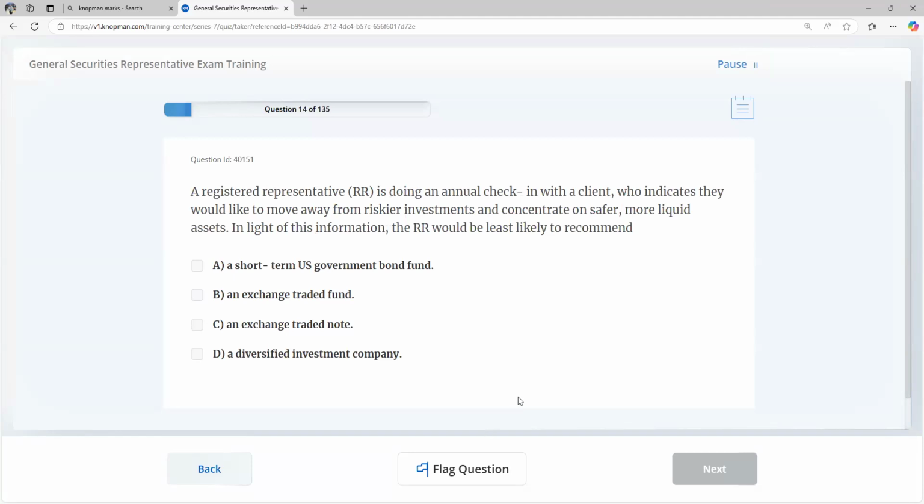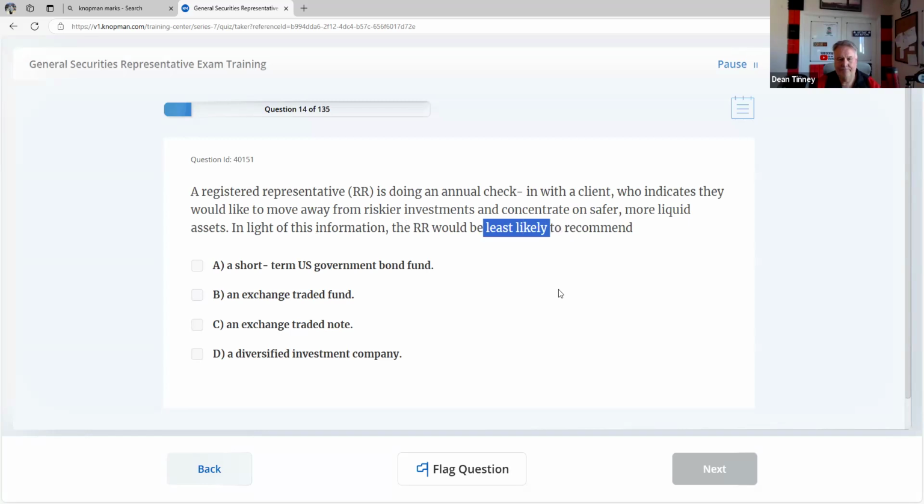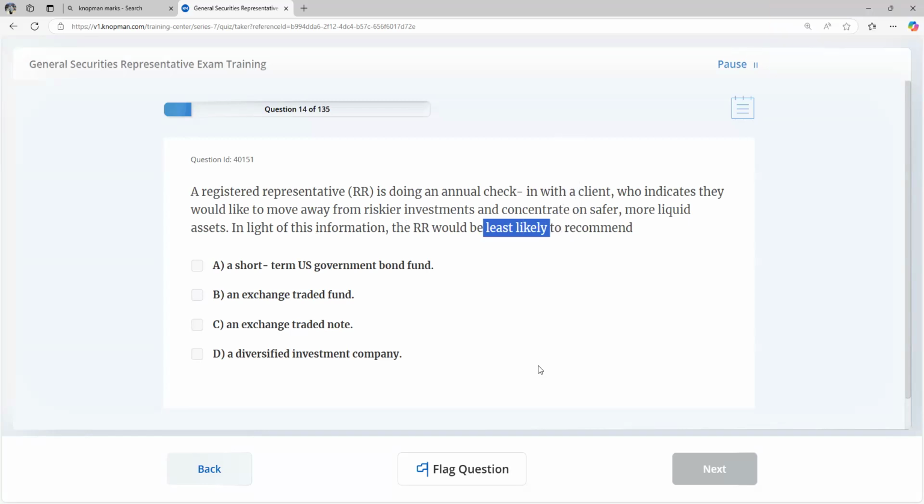That's really pushing me towards the government short-term bond fund, but it's least likely. Oh, least likely. Okay, so then an exchange traded fund, an exchange traded note, a diversified investment company.